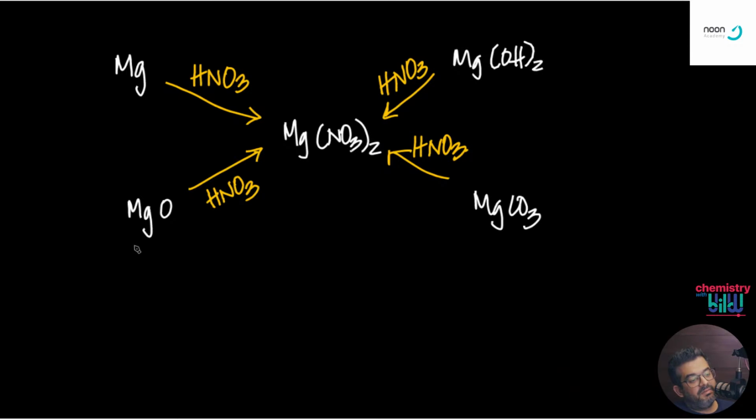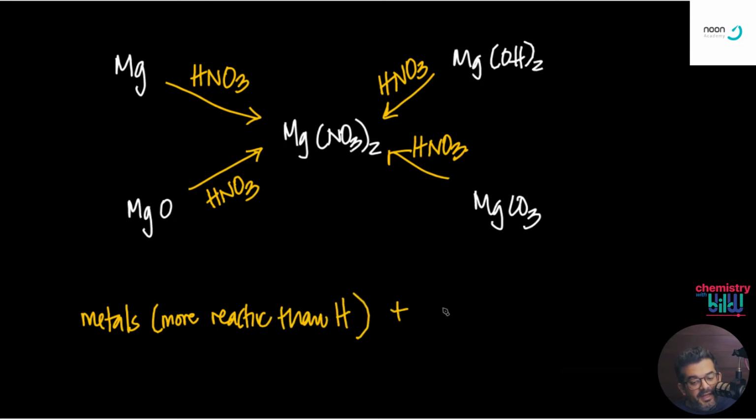We'll talk about the solubility of salts later. You all follow this? The only problem is only metals that are more reactive than hydrogen react with HCl to make salt.